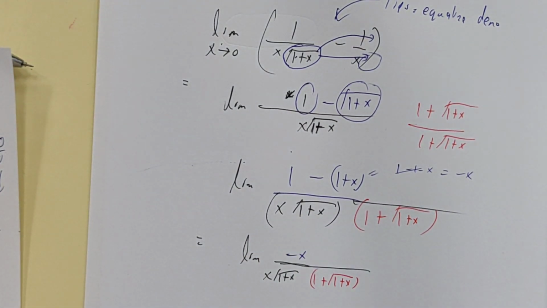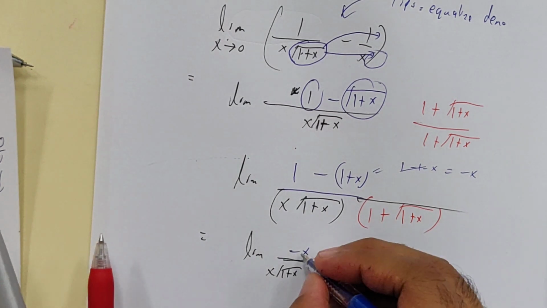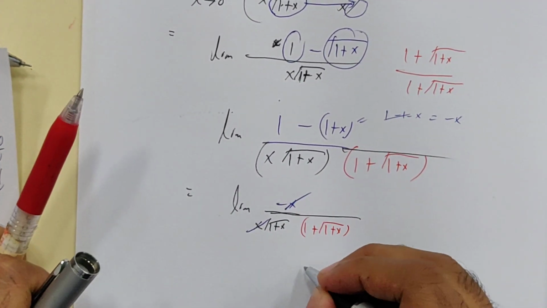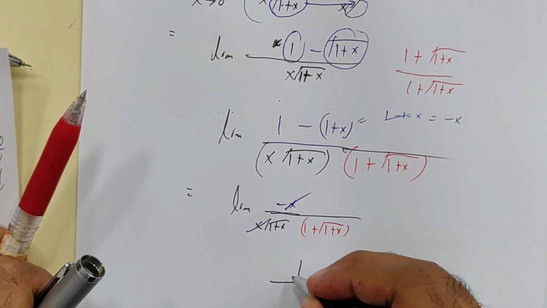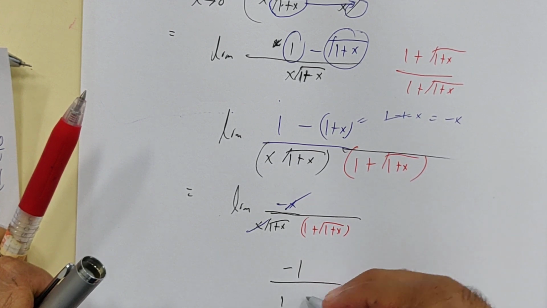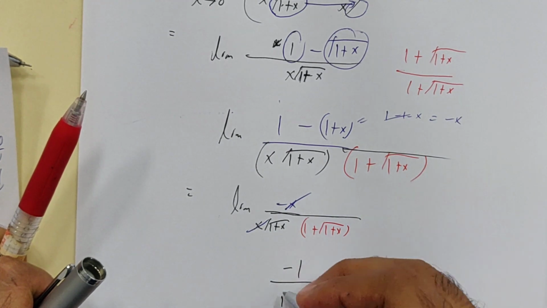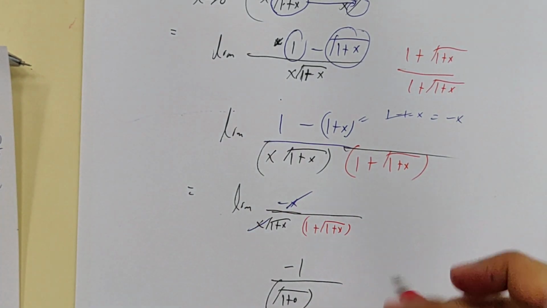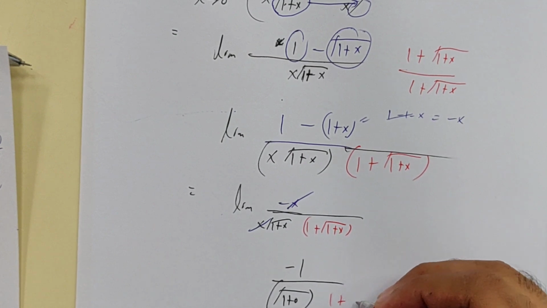After conjugate, what should I do? Simplify which one? X and x. Okay, after you simplify, then only you can substitute. You should be able to get 1, well, 0, x plus 0, 1 plus 0. Let me write it down so people get it.